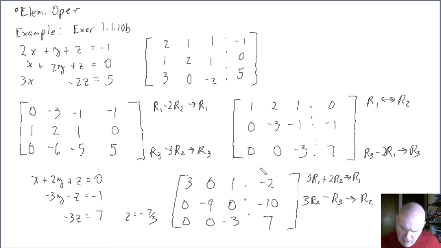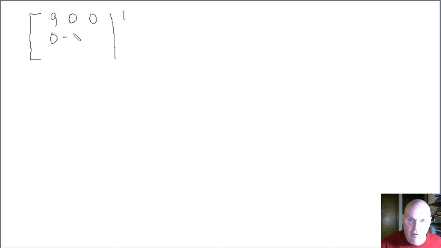So let me clear the whiteboard here, and the next matrix I get will be 9, 0, 0, 1, and then I'll have 0, minus 9, 0, minus 10, and then 0, 0, minus 3, 7.